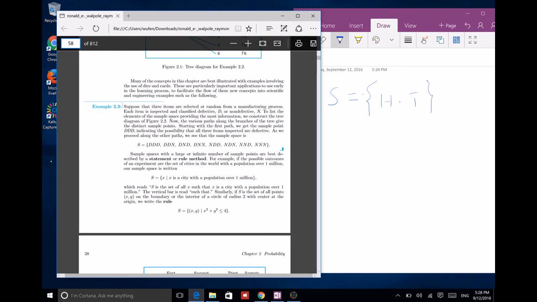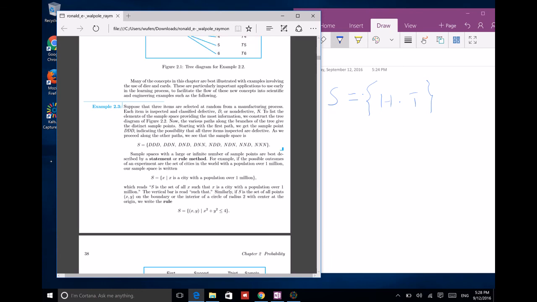Suppose that 3 items are selected at random from a manufacturing process. Each item is inspected and classified as defective, D, or non-defective, N. To list the elements of the sample space with the most information, we construct the tree diagram for the sample space.